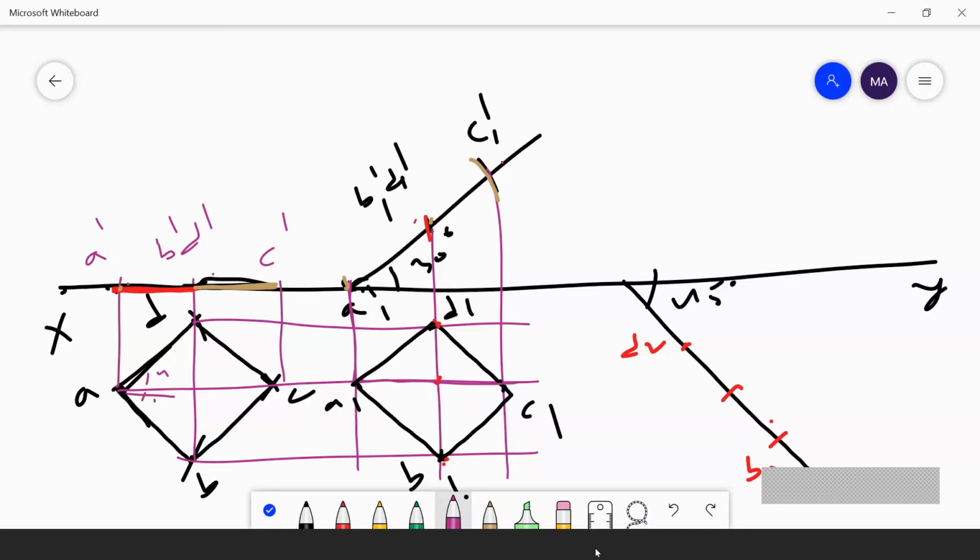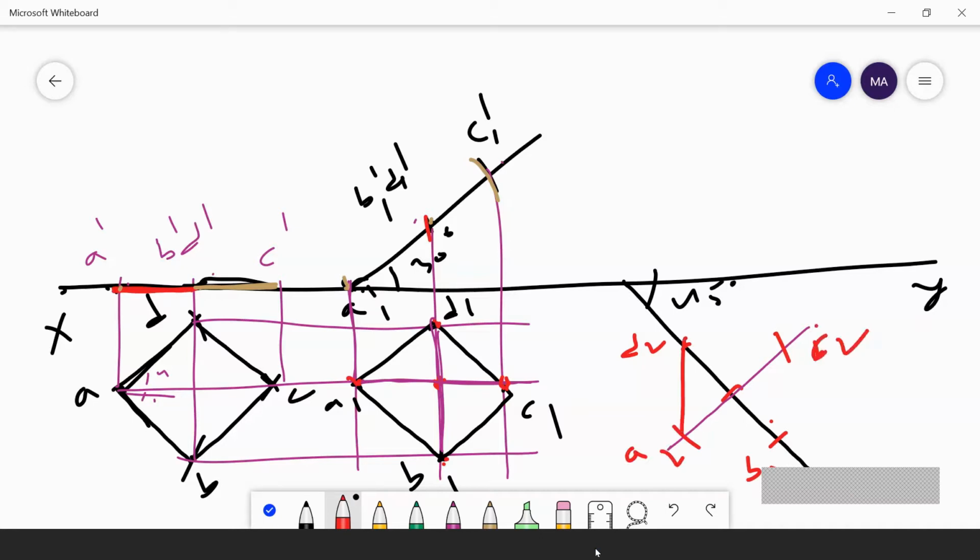Can you see here? This line is perpendicular to this line. So I am drawing one line perpendicular to it. After that, I am measuring the distance from this midpoint to C1 and cutting an arc here. This midpoint to A1 and cutting an arc here. I will get a point A2 here. I will get a point C2 here.